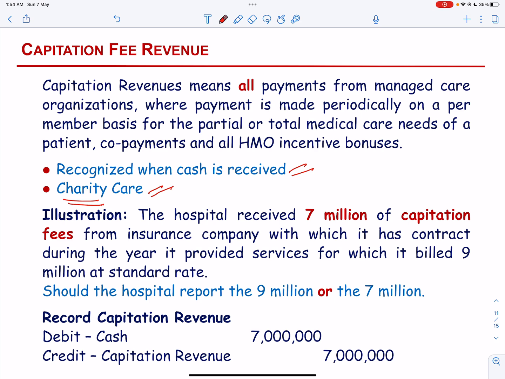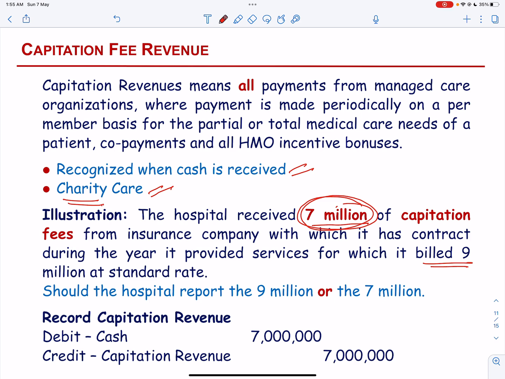The hospital receives 7 million of capitation fees from the insurance company, with which it has a contract. During the year it provides services, for which it billed 9 million at standard rate. So they billed the patients for 9 million, and based on the agreement between the hospital and the insurance company, they will receive 7 million. Now don't forget that the capitation coverage we record when cash is received.